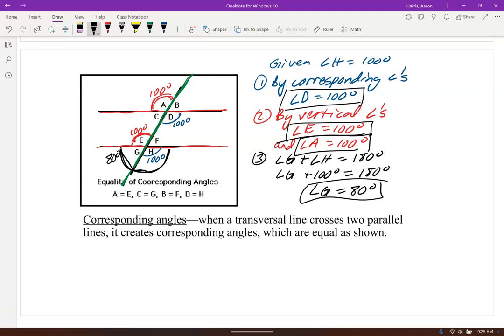If G is 80 degrees, its vertical angle is F. So number 4, by vertical angles, angle F is also 80 degrees.